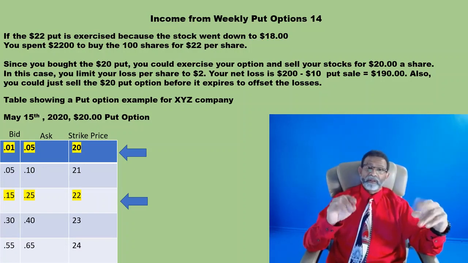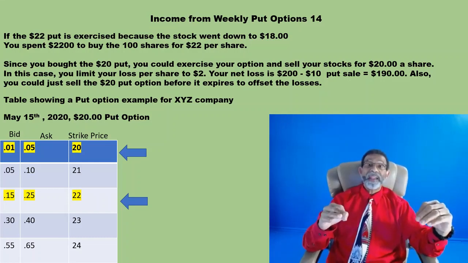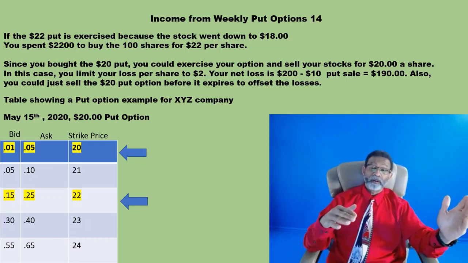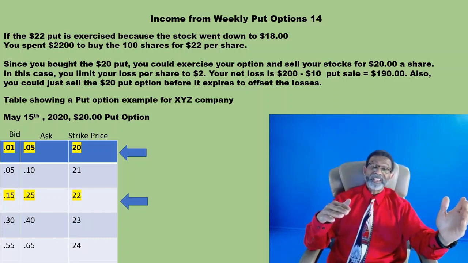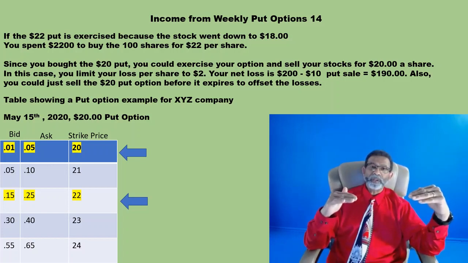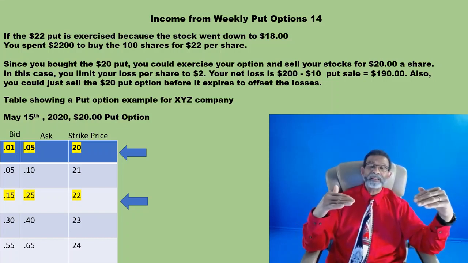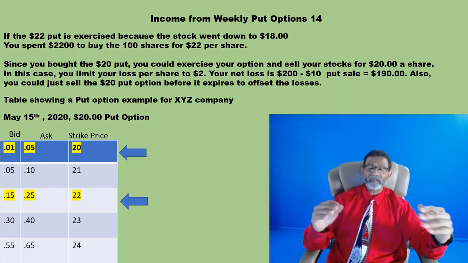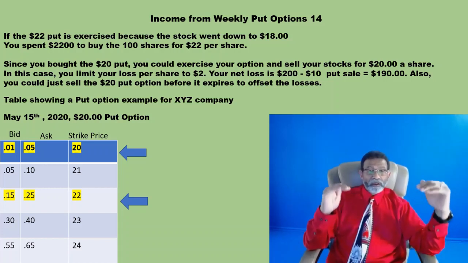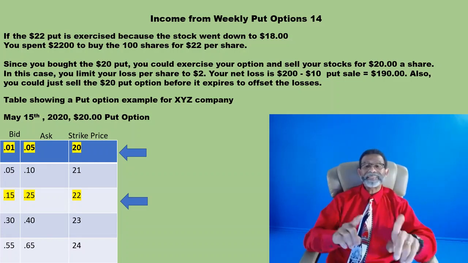But since you actually got $10, as we did in the previous part of this example, for selling the $22 put option, the net amount of selling the $22 put option and subtracting the $5 you spent for buying the $20 put option, which is $10, you would normally have lost $2 a share, but it's $2 times 100, that's $200 minus the $10 credit.